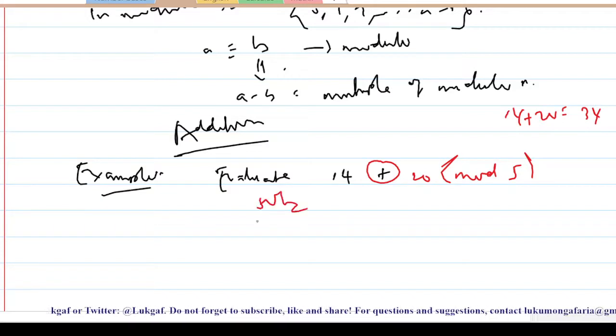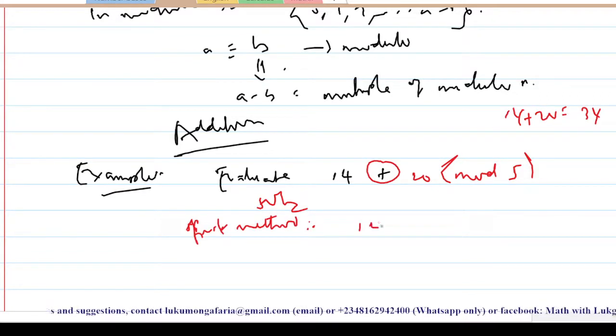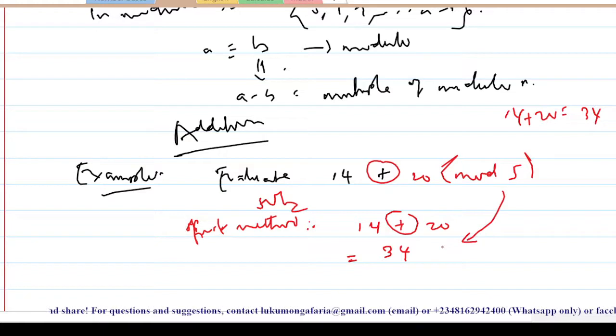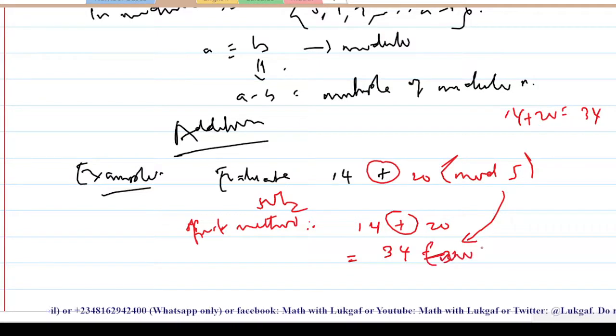Solution. The first method is to add these two numbers together. When you get the result of their addition, their sum, you then convert the number back to the modulo you are asked to work with, modulo 5. So 14 plus 20 gives me 34. Since we are working in modulo 5, you have to convert this back to modulo 5, and you can do that by dividing by 5.